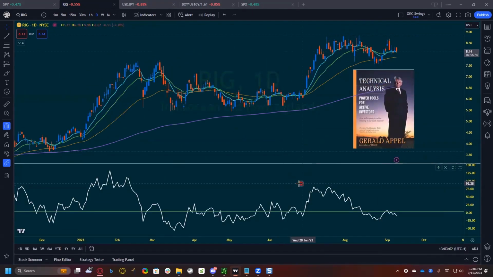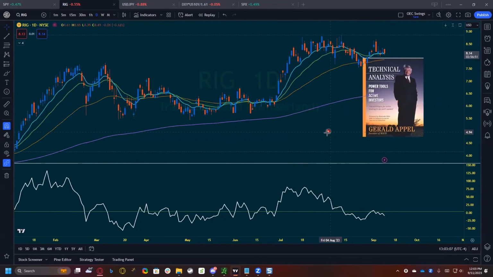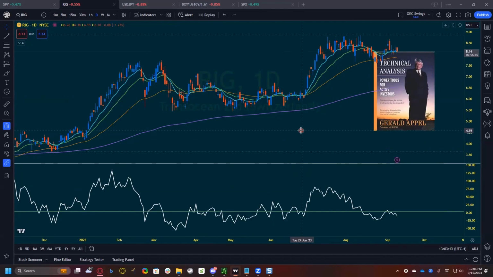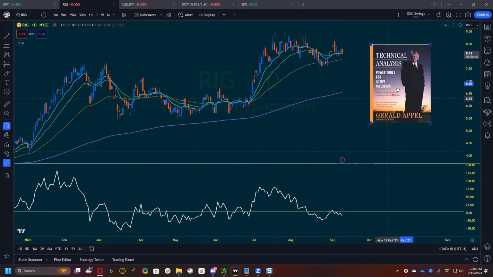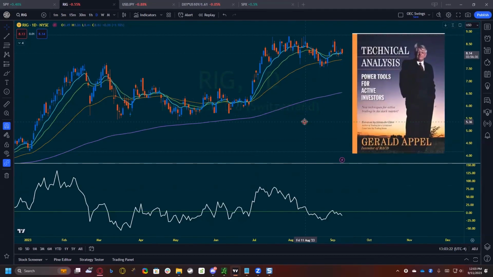So what is it? If you don't know who Gerald Appel is, this is the guy who created the MACD, right? That's a famous indicator. It's been around for a long time. And in his book, Power Tools for Active Traders, he talks about a lot of different indicators that you could build. Now, the book is old, came out in 2005, I believe.